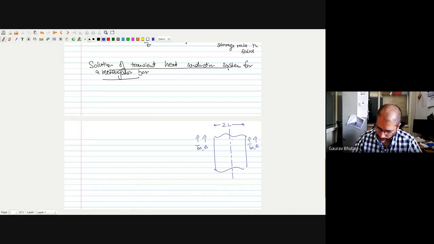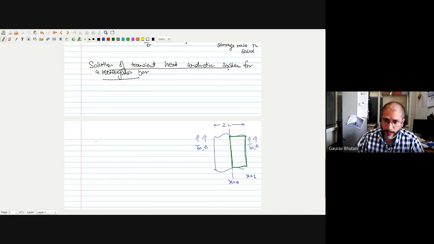As we have done earlier, we'll take our domain to be the right half in this case. So the center is x equal to 0 and the right hand side is x equals L. It's similar to what we have had earlier.